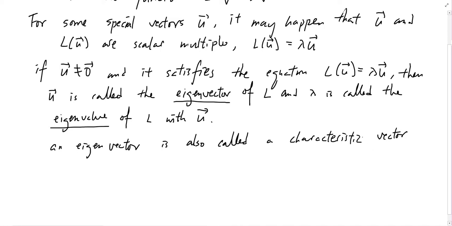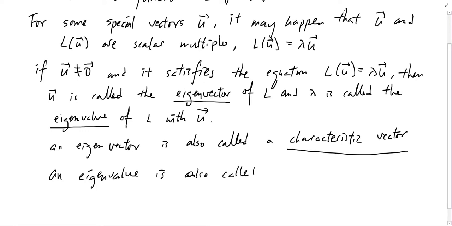However, you won't see me call it that. We usually just call it eigenvector. But it's also called characteristic because the word eigen actually means characteristic. And eigenvalue, yes, you can guess it, is also called a characteristic value.